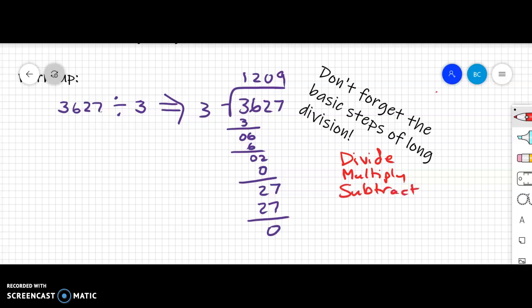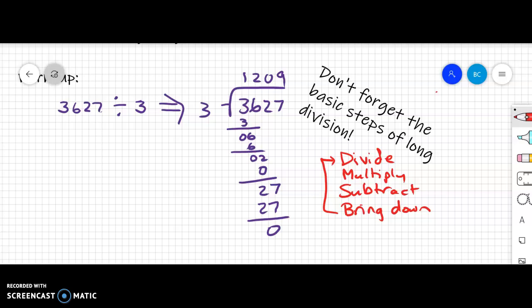And then I bring down the next number, so I bring down the 6. And then I go through the process all over again. So then I ask myself, how many times does 3 go into 6? How many groups of 3 can I make, which is 2? Then I multiply 2 times 3 to get 6. I subtract, bring down one number.